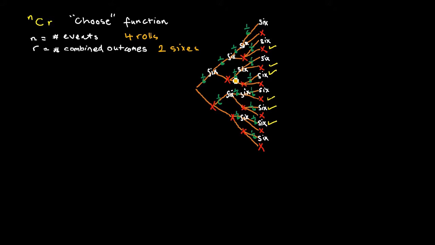Nevertheless, I've done it for this one, so we can see that there are, well, there's 6 6 and then no 6s here. That gives us exactly 2 6s. This pathway here gives us exactly 2 6s, and so on down here, and I've ticked now 6 branches, so it looks as though there are exactly 6 combinations of 2 6s in 4 rolls.